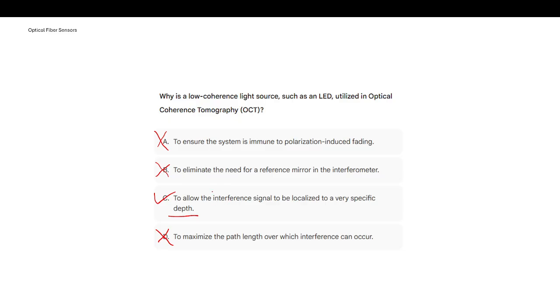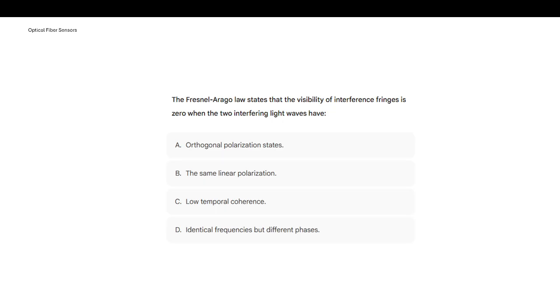So this is why, to allow the interference signal to be localized in a very specific depth, we need to use precise alignment actually, and that's why low coherence light is utilized for that, to get the interference signal.